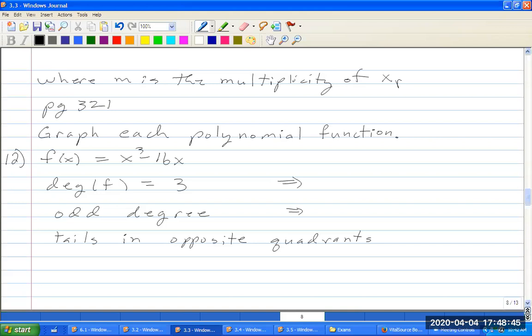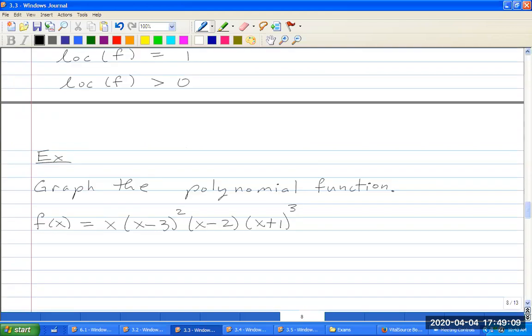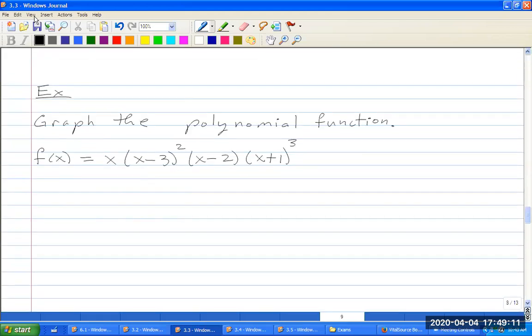Okay, so the leading order coefficient of this polynomial is 1, which is greater than 0. Therefore, we go up into the first quadrant. Let me do a new page here.